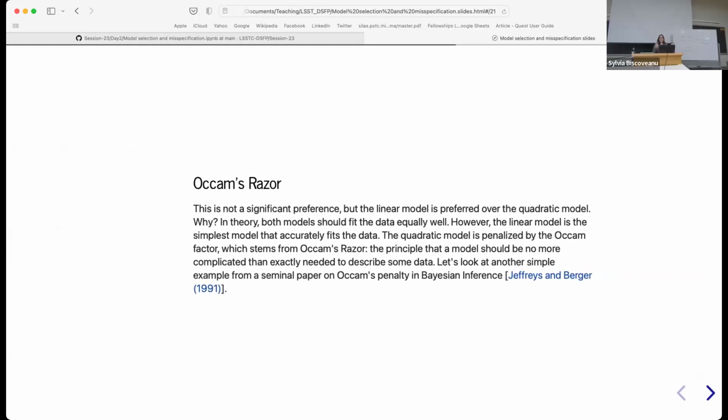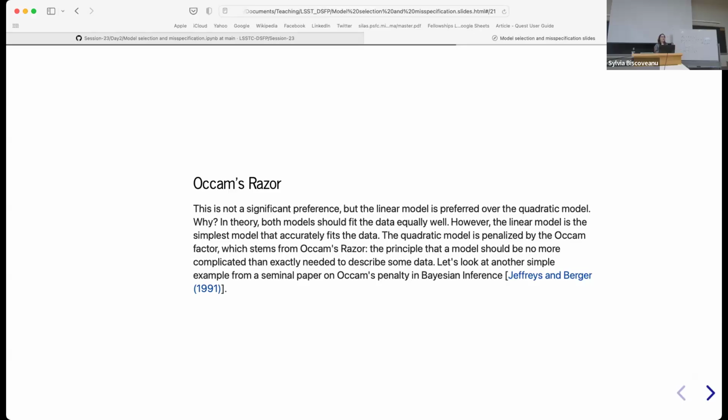So more complex models are generally going to be disfavored because of Occam's razor. This is basically the principle that a model should be no more complicated than exactly needed to describe some data.